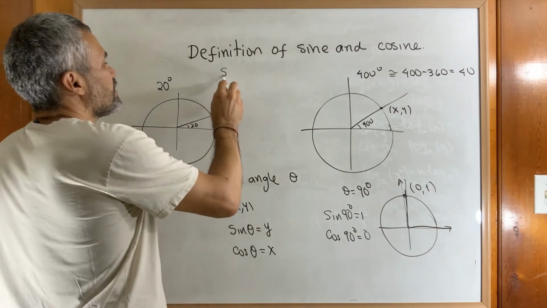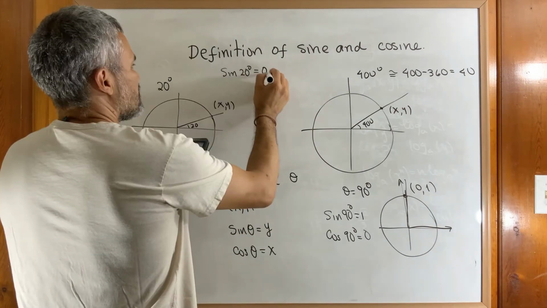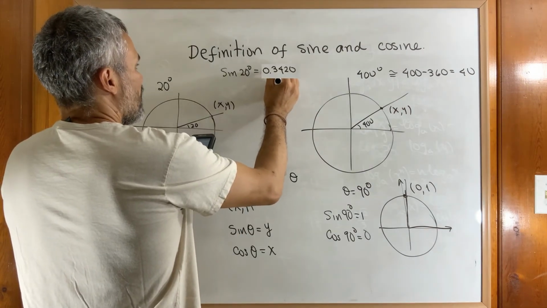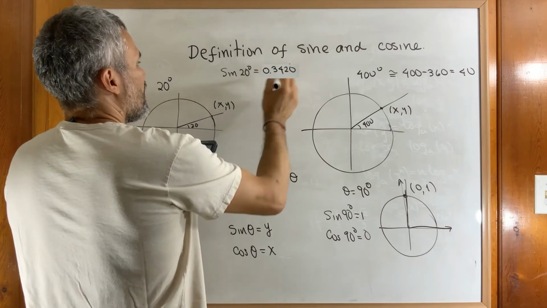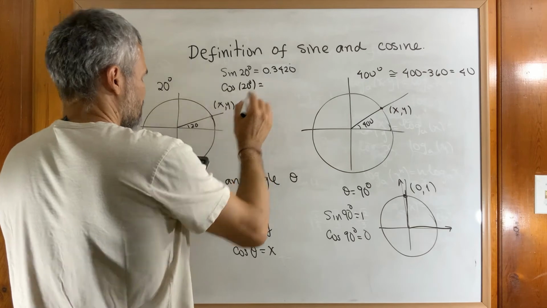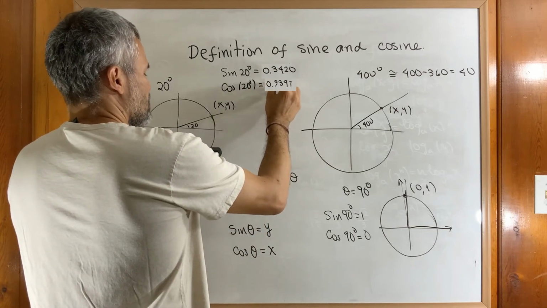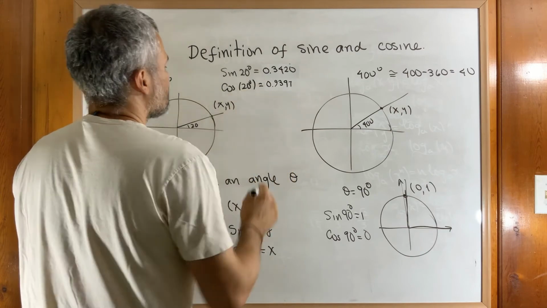we know that sine of 20 degrees is equal to 0.3420 approximately. Cosine of 20 degrees is 0.9397 approximately.